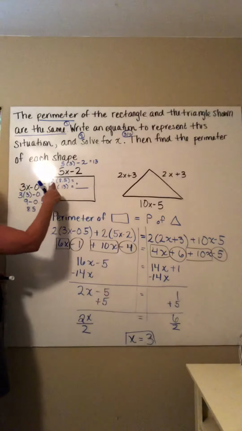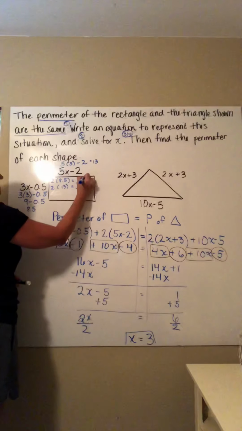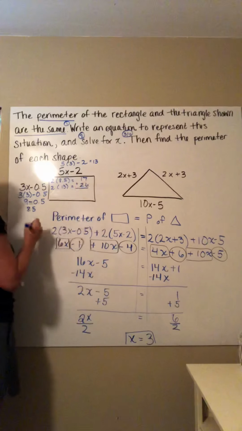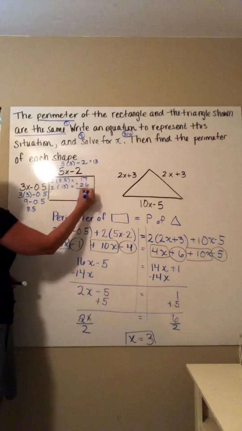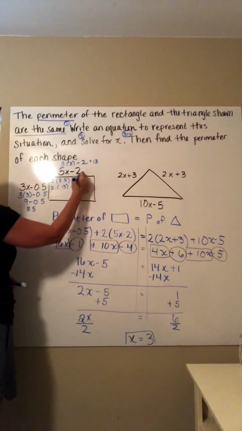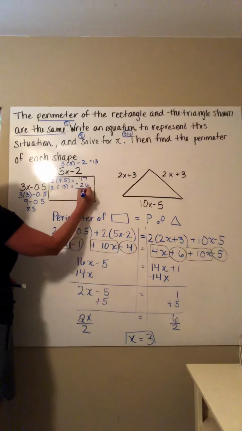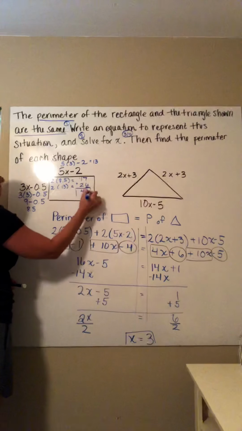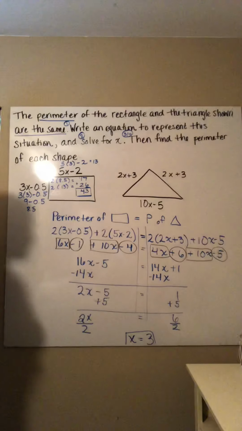So 2 times 8.5 is 17, 2 times 13 is 26. When I add this together, 7 plus 6 is 13, 2, 3, 4. I get a perimeter of 43. Can you see that? It was a little small, wasn't it?